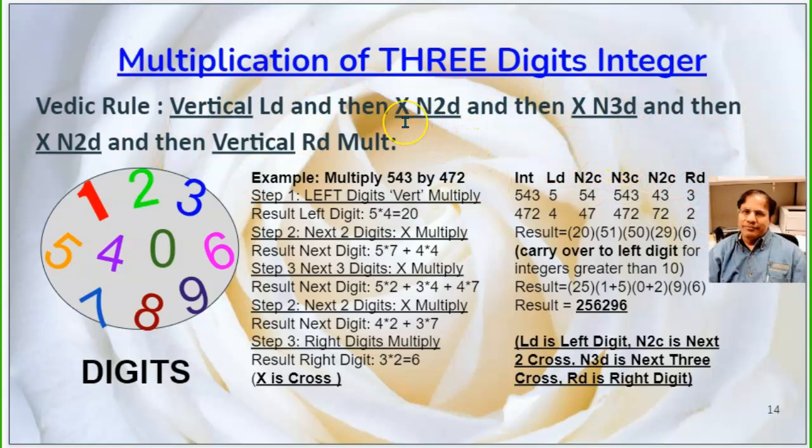So I use capital X for cross, that means multiplication, and symbol N2D, capital N2D, seen here at the top, where we say number of digits, 2 digits at a time, and then we have X N3D, that means we have number of digits, we have to use 3 digits at a time, and then we use X cross N2D, the next 2 digits, and then we vertically multiply the right digits.